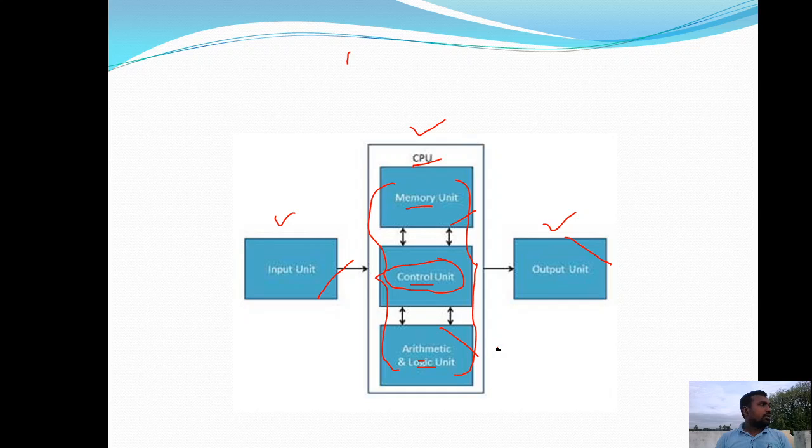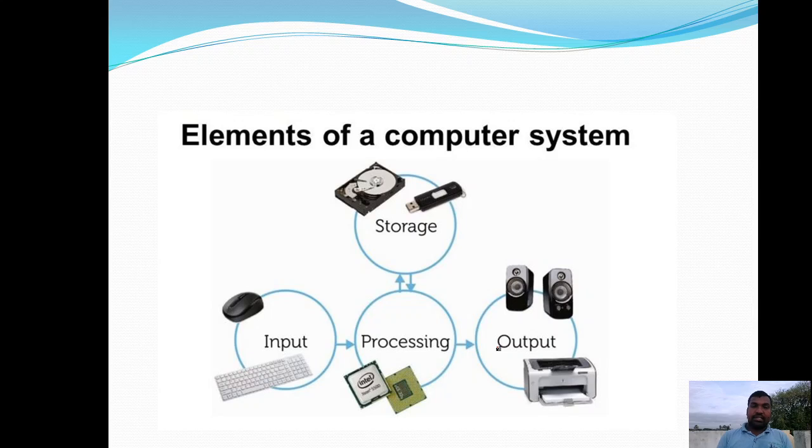That input is transformed into computer understandable language, then the operations are performed, and at last the output is in computer understandable form only. Then the output unit is responsible for converting that computer understandable data into a user understandable form.